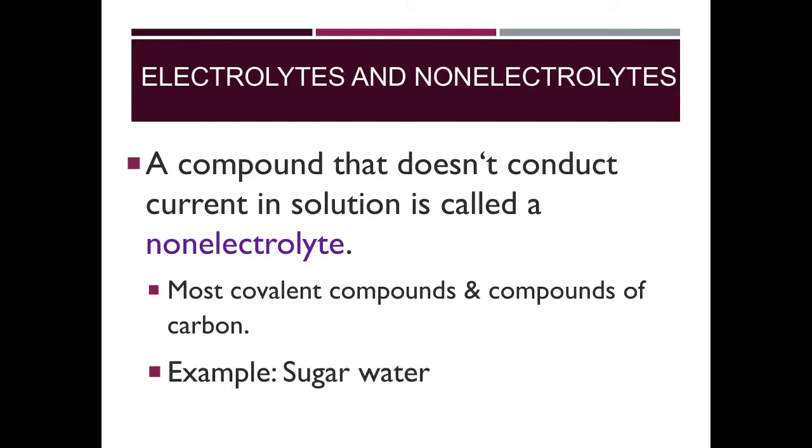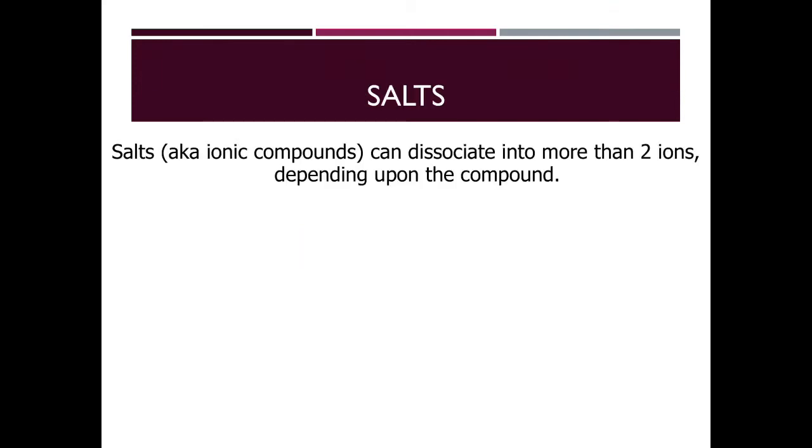So the reason that we're talking about this is that if you have an ionic compound, a salt of some kind, remember that the term salt is used kind of synonymously with ionic compounds. Salt just means ionic compound. And so these are things that can dissociate into more than one ion, two or three or whatever it is. The reason for this is that these colligative properties depend on the amount of stuff that you dissolve.